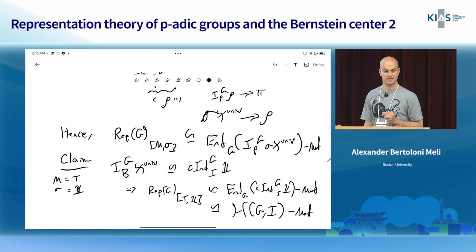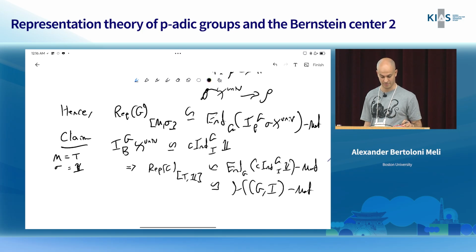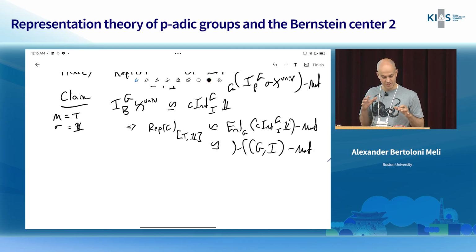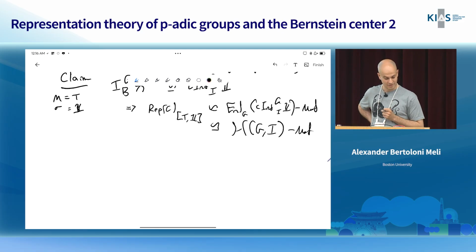This is exactly the Hecke algebra for this Iwahori. So this principal block corresponds to modules over this Iwahori Hecke algebra. Okay, so my plan for the next bit of time is to discuss how we might prove this claim, how we might show this isomorphism.